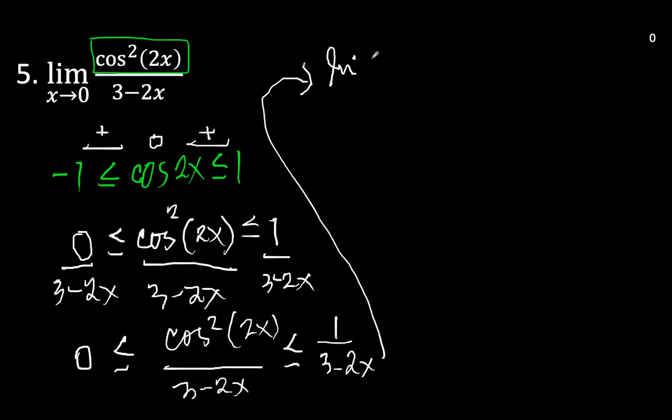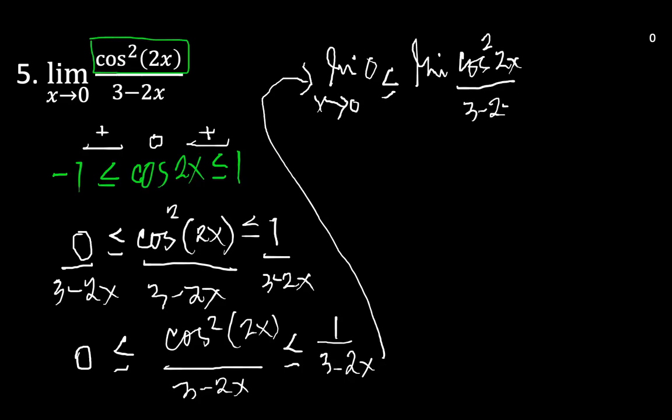So that's the limit of 0 as x approaches 0 is less than or equal to the limit of cosine square 2x over 3 minus 2x as x approaches 0, is less than or equal to the limit of 1 over 3 minus 2x as x approaches 0, right?